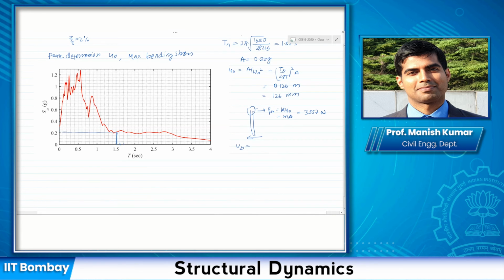Base shear is not required, but I'm going to find it anyway. Base moment would be 3557 times the height of this. So just multiply this with 4 and it would come out to be approximately 14230 Newton meter. No, this is base moment. Base shear would be just simply this value here. So the base moment I have found out.